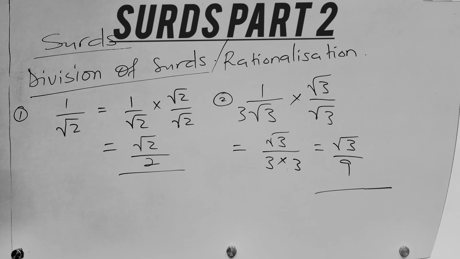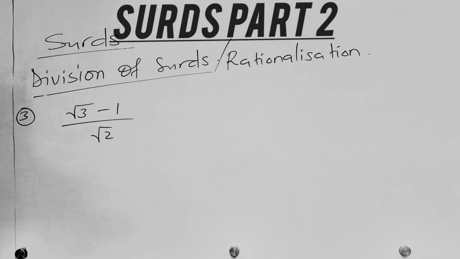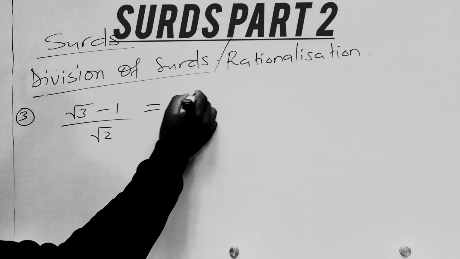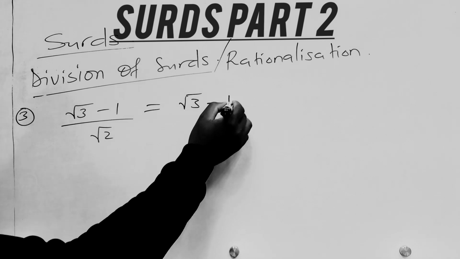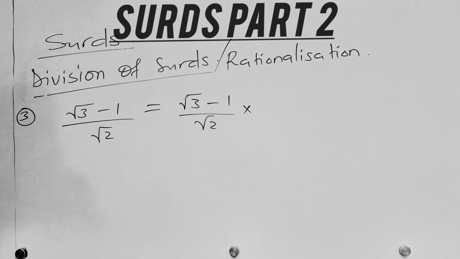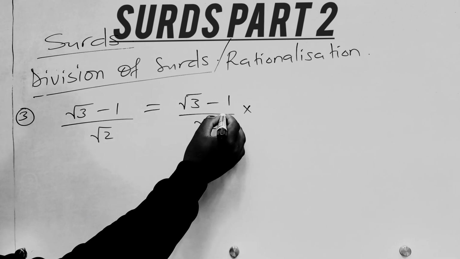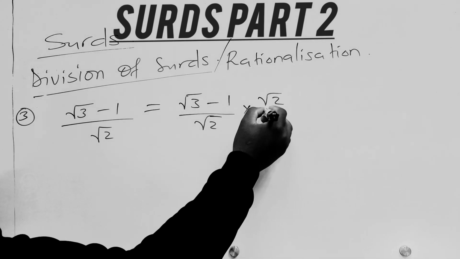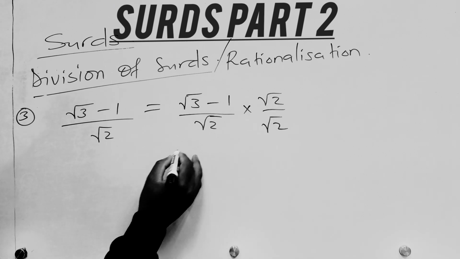Let's see the next one, root 3 minus 1 over root 2. We need to rationalize this denominator again. So we said we need to rationalize by multiplying by the denominator, which is root 2 over root 2.